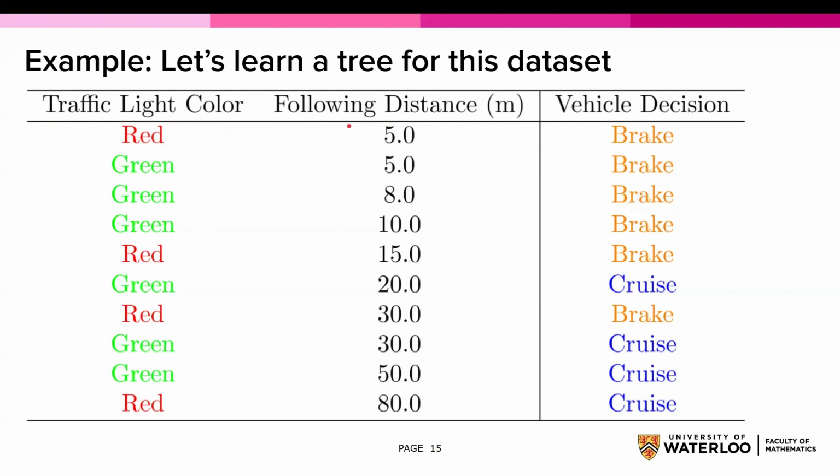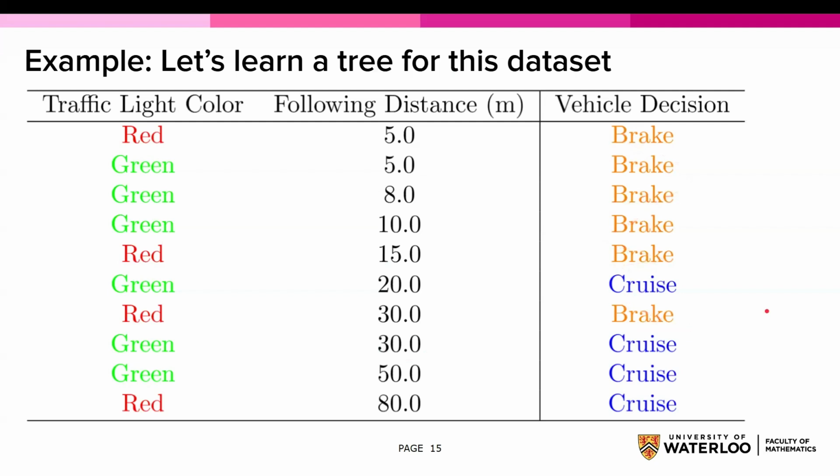The traffic light color can take on either red or green, and the following distance is any continuous value. The vehicle decision, the output of the model, is either to brake or cruise, so this is a binary decision.